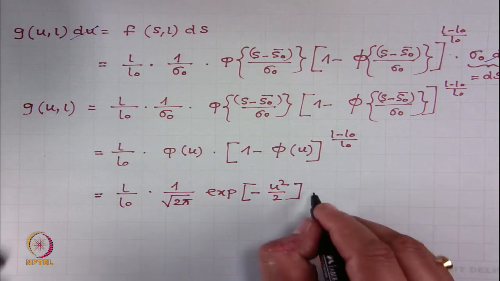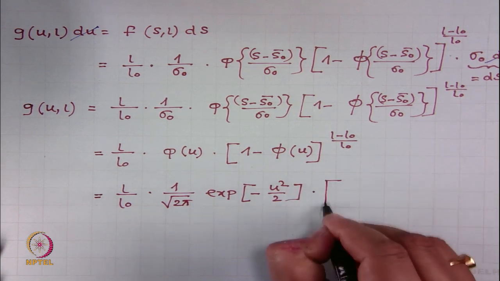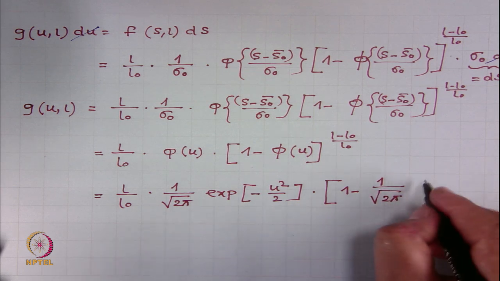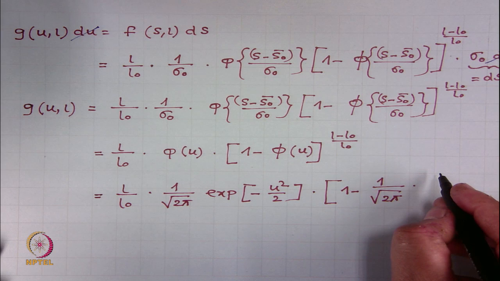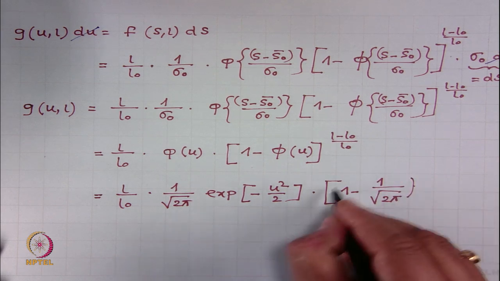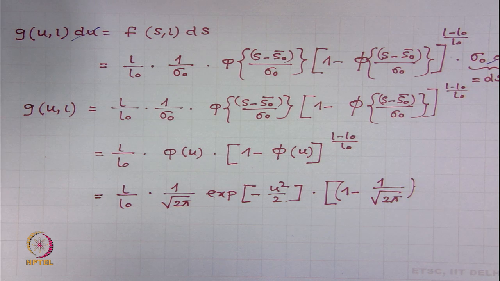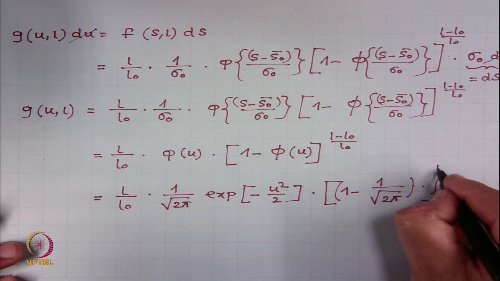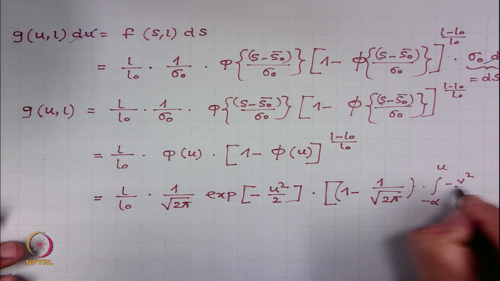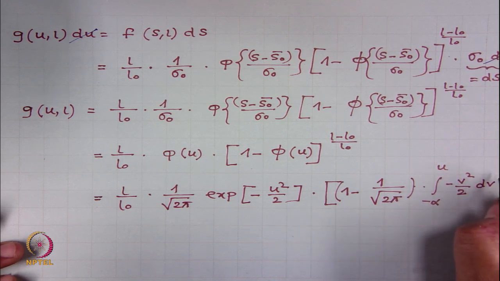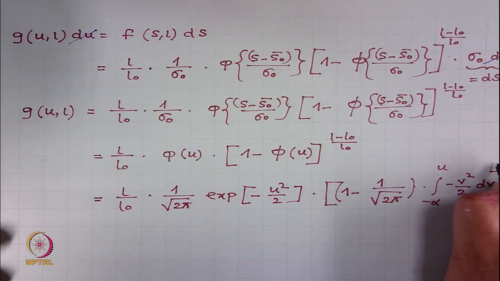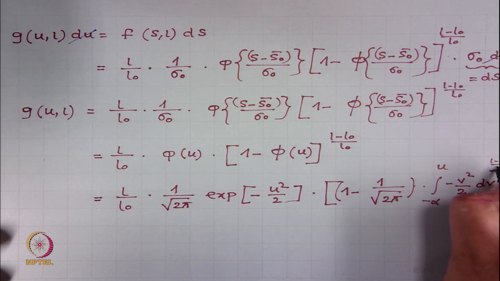So, L by L naught, 1 by root 2 pi e to the power minus u square by 2, into what is this expression? 1 minus 1 by root 2 pi, integration from minus infinity to u of e to the power minus v square by 2 dv, to the power (L minus L naught) by L naught.